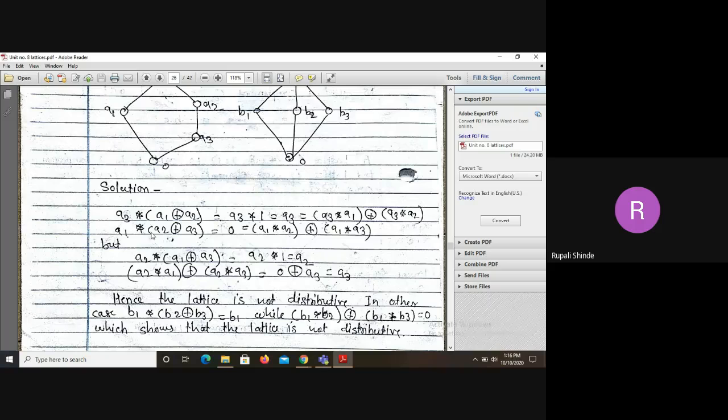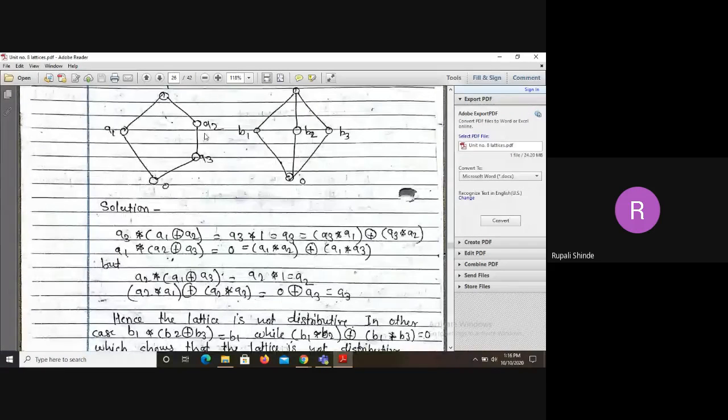So what is the value of A2 XOR A3? XOR means least upper bound. So for A2 and A3, it is A2. That is correct. So the value of this bracket is A2.